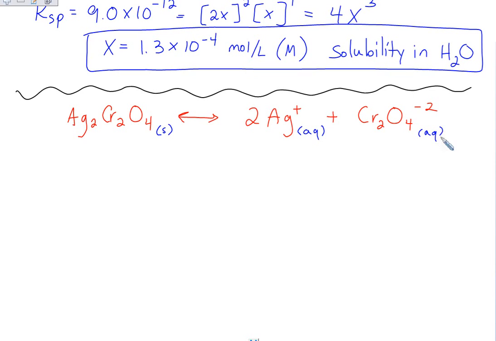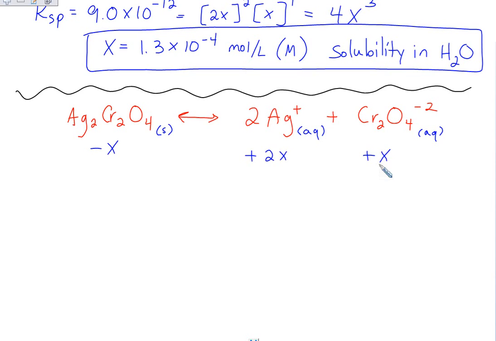So this original compound is going to go down by a certain amount. This is going to go up by twice that. I'll form 2 silver ions. And this will go up by X, 1 dichromate ion. Here's the difference. When we dissolved this stuff in water, it was just water.